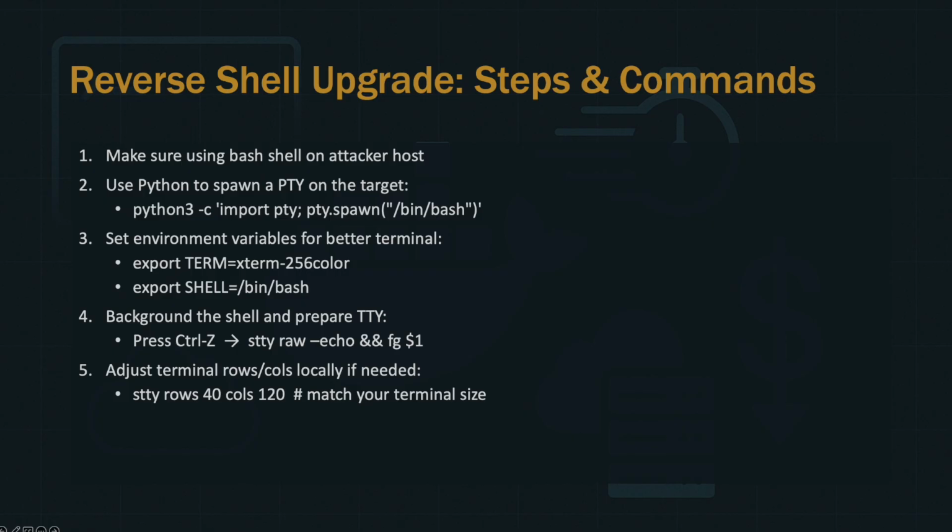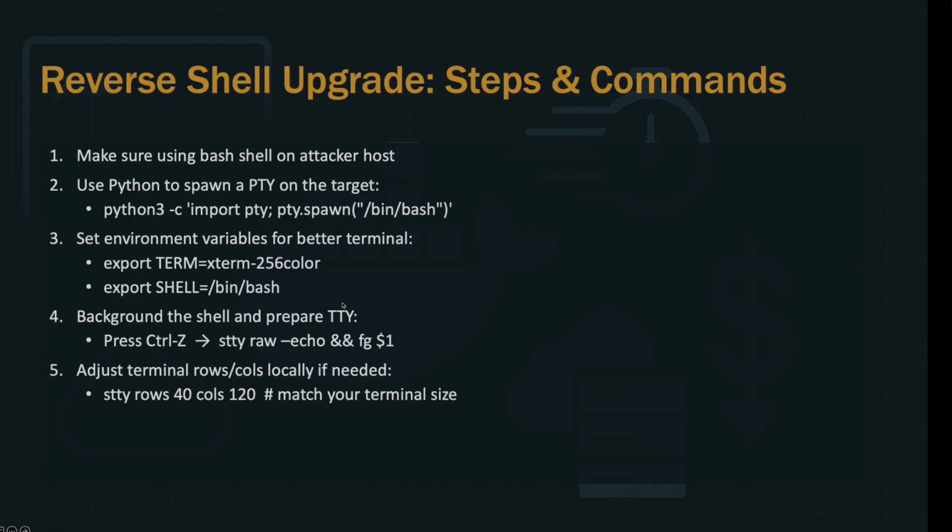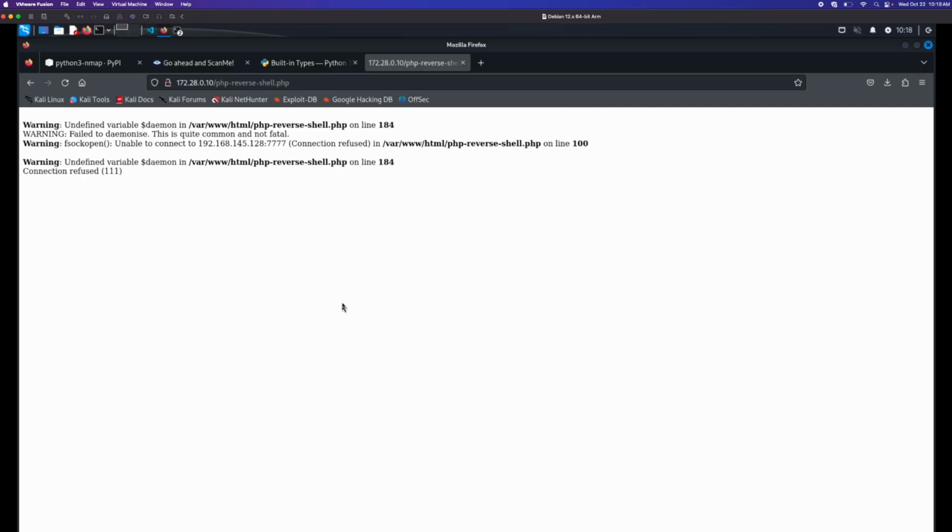We're then going to use Python to spawn a PTY session, followed by setting some environment variables, and then we'll background our shell and make it fully functional by using the stty command to set raw mode and omit echoing characters, and then if we need to, we'll adjust the terminal rows and columns locally. Let's go ahead and jump back into our lab environment.